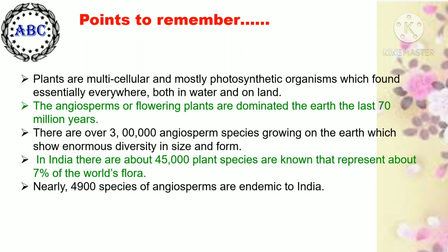In India, about 45,000 plant species are known, which represent about 7% of the world's flora. Nearly 4,900 species of angiosperms are endemic to India.